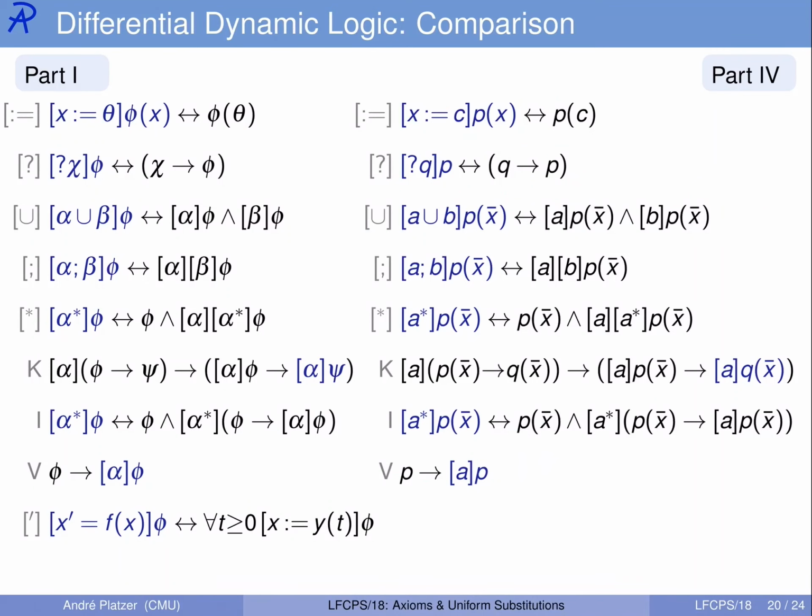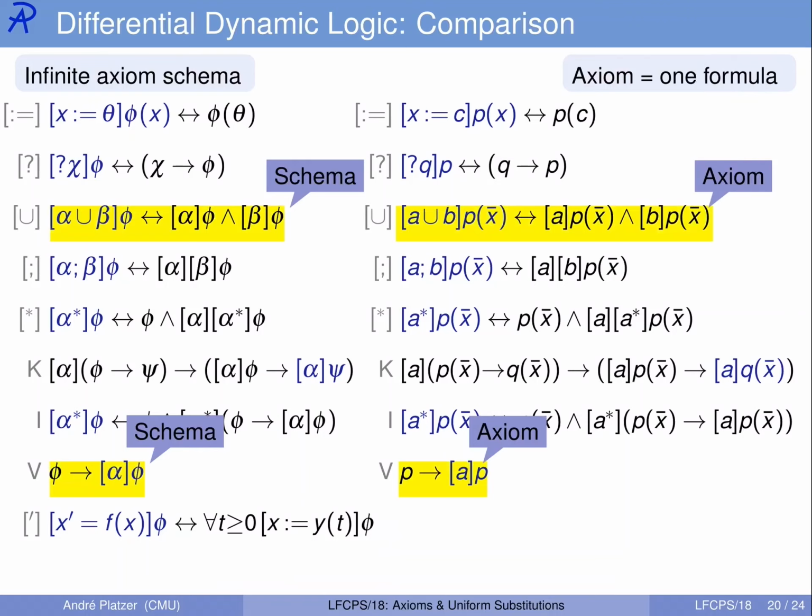So if we uncover them all, here's the direct axiom rendition of the axiom schemata, with the exception of the solve a differential equation axiom schema, which of course is highly schematic and needs a different treatment by rendering differential invariance, differential ghosts, differential cuts instead.